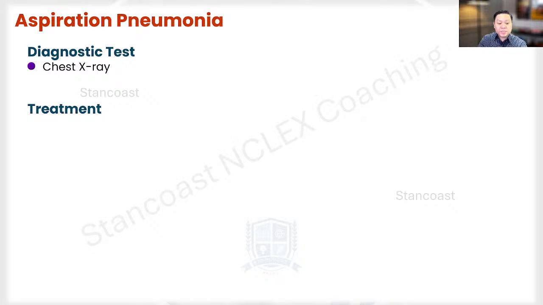Now, the treatment of aspiration pneumonia will include several critical steps. And of course, we are going to make sure that we are clearing the blocked airway. This is our first step.